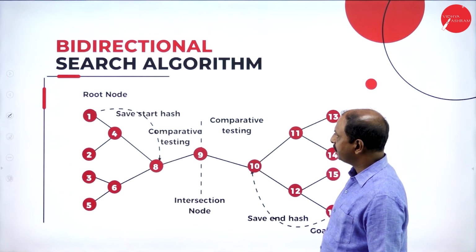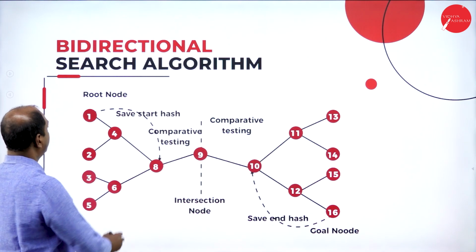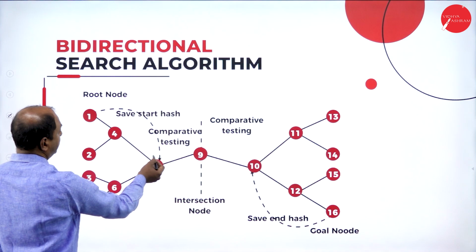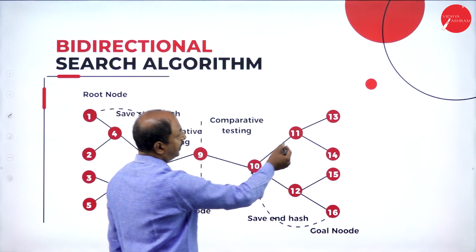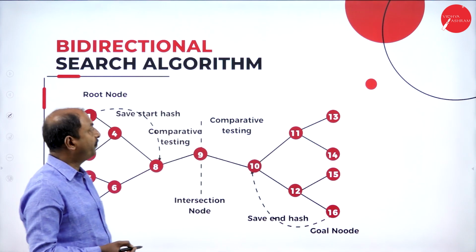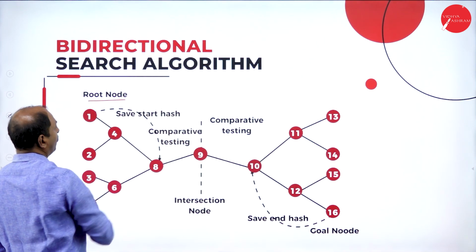Now let us see the diagram. This is a graph with nodes 1, 2, 3, 4, 5, 6, 8, 9, 10, 11, 13, 14, 15, 12 and 16. These are the different nodes; this is the root node, the starting value.